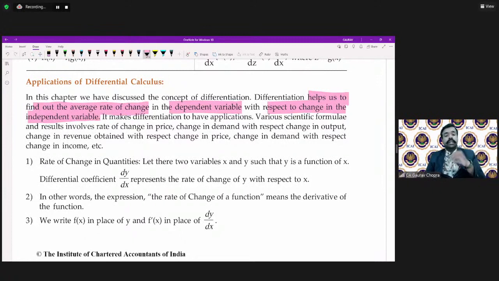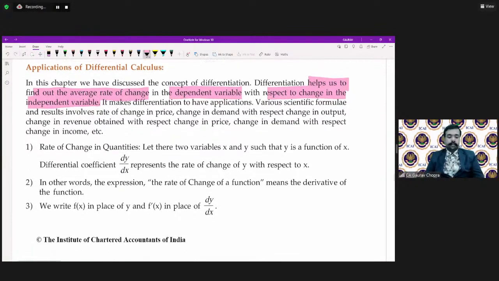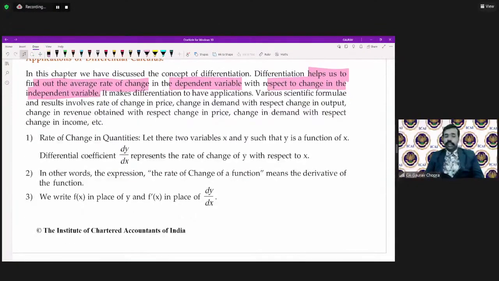So amount invested is the independent variable, and the amount which we will receive in future, that means the maturity amount, that is basically the dependent variable. Similarly everywhere there are two types of variable, one is dependent, another is independent. So using differential calculus also we can find out the value of the dependent variable.